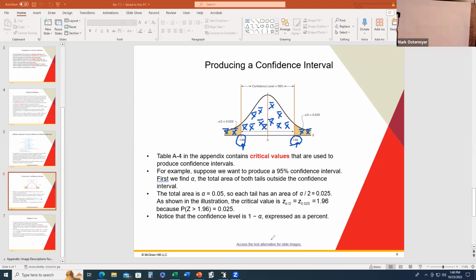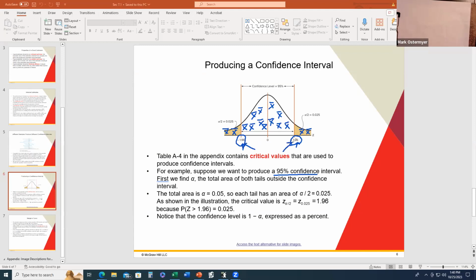All right. So in order to build a confidence interval, we have to know what level of confidence we want our interval to be, whether a 90% or a 95% or 99%, which are the most typical values for building these confidence intervals. The level of confidence we choose is going to determine what are called these critical Z values here.